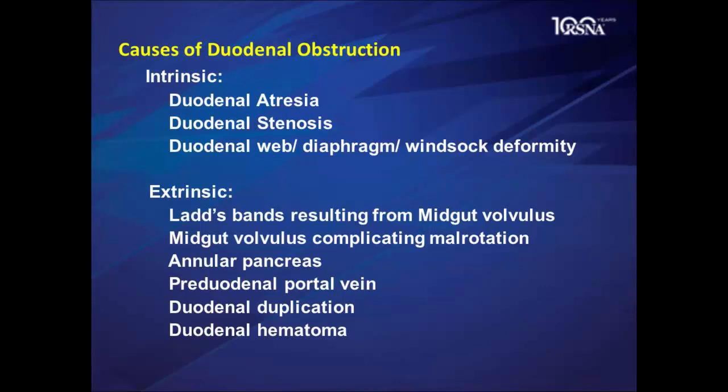In terms of extrinsic cause, then one has to remember the Ladd band, responsible for the midgut volvulus, which is a complication of malrotation, and then all associated features such as the annular pancreas or abnormal veins in the upper abdomen, and do not forget possible duplication of the GI tract and the rare case of duodenal hematoma.